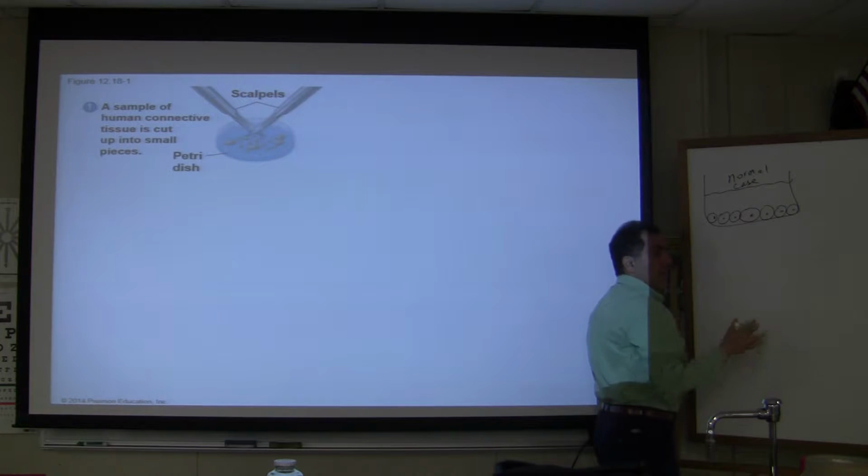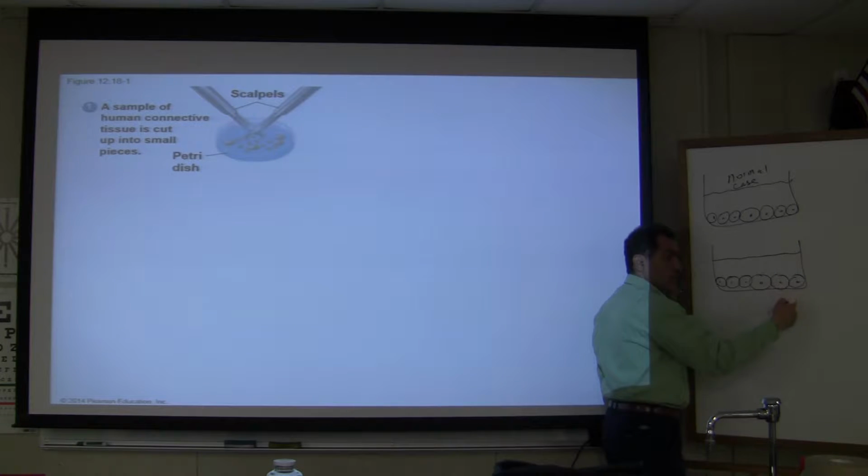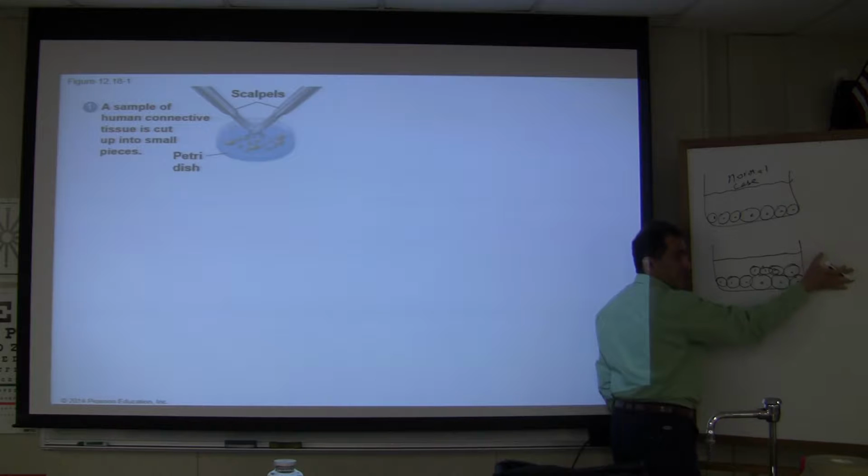Everything is normal. Now, what happens if you grab a cell, same thing, medium in here, food for the cell? You place the cell in a plate, and they grow and grow and grow. They're supposed to stop now, but they will not. They keep growing on top of each other. Of course, there is no space out here. If this was a membrane or some tissue, they would keep growing in there too.